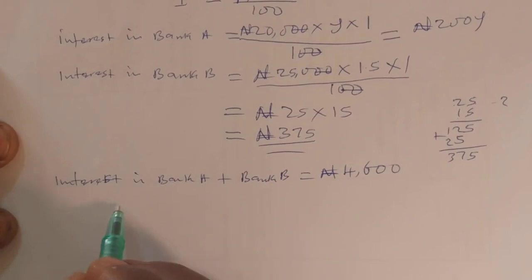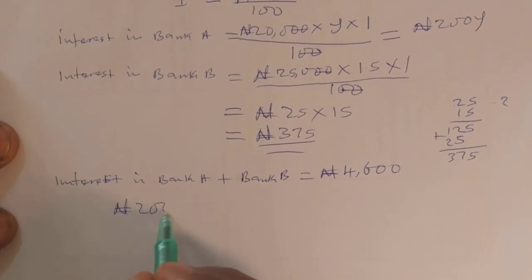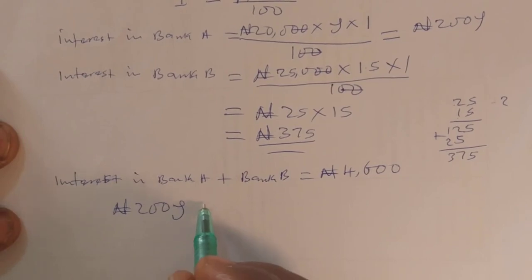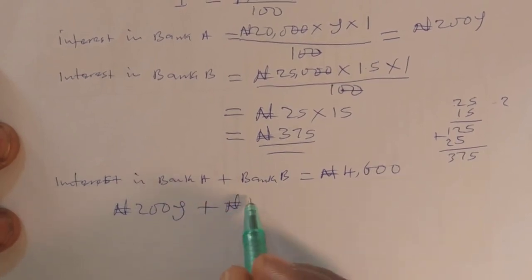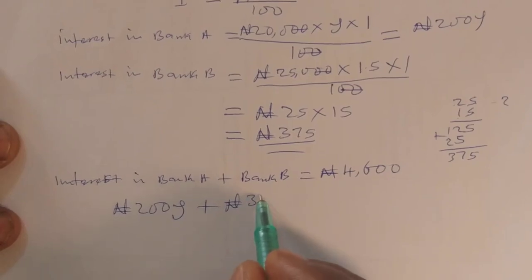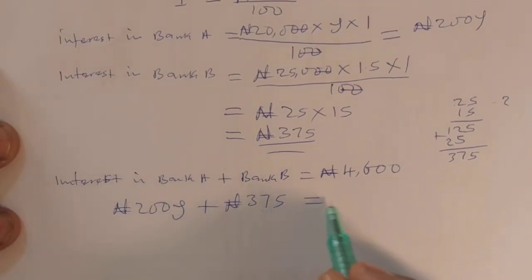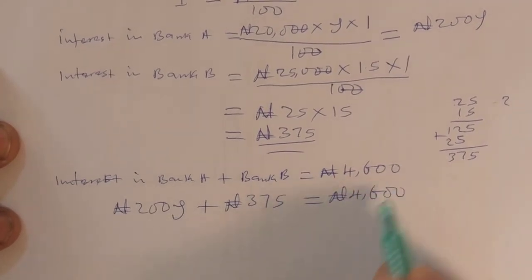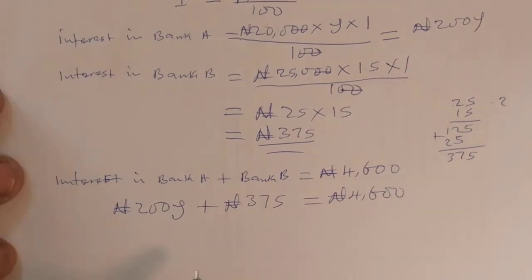So the first interest that we had was 200Y. Then the next one is plus 375, which is equal to 4,600. So now we'll collect like terms.